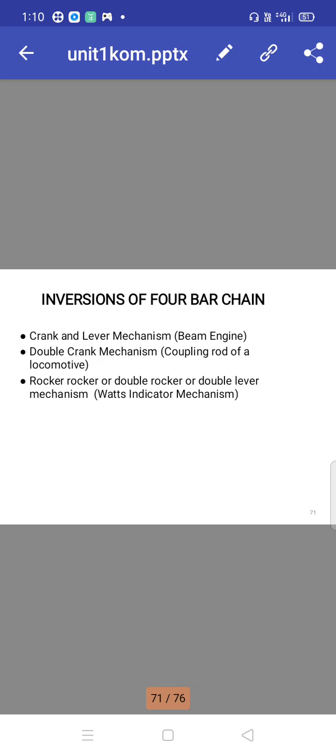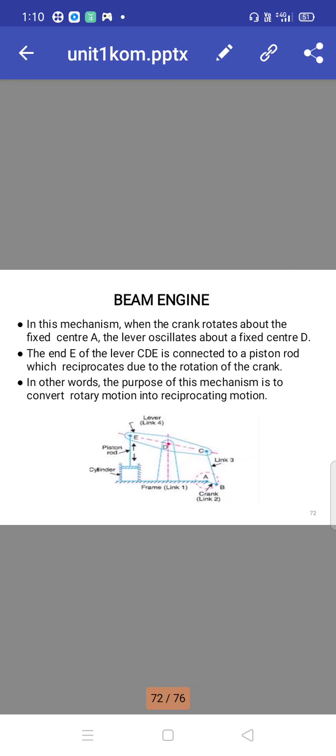The inversions of 4-bar chain are crank and lever mechanism, beam engine, double crank mechanism, coupling rod of locomotives, and rocker or double lever mechanism, that is Watt's indicator mechanism.